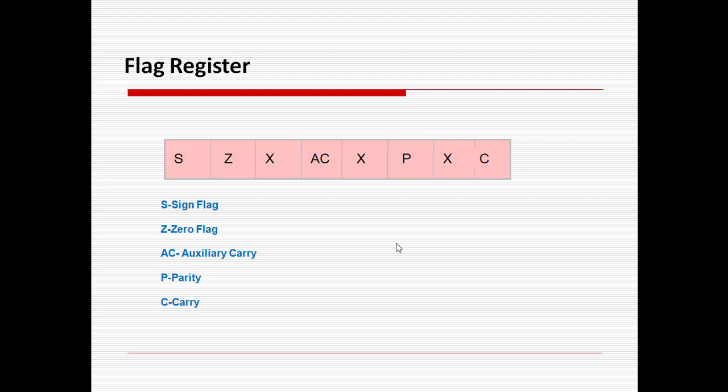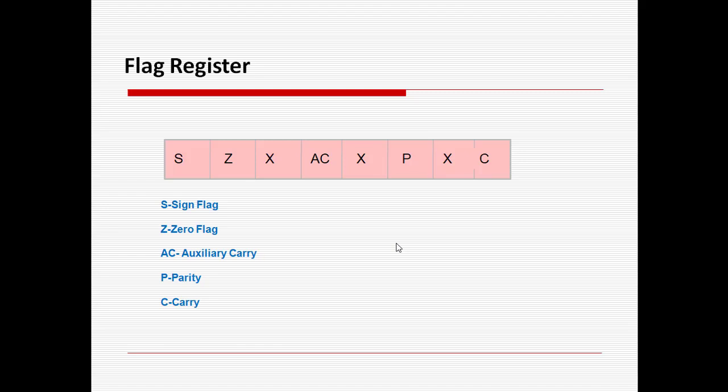If the answer is negative, the sign flag is set; S equal to 1 means the answer is negative. Then the next flag is the zero flag. After any arithmetical and logical operations like addition, subtraction, increment and decrement, if the answer is 0, the zero flag is set. If the answer is non-zero, the zero flag is reset.